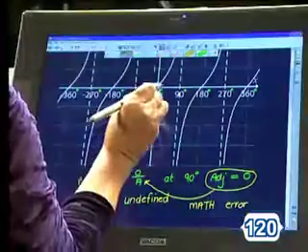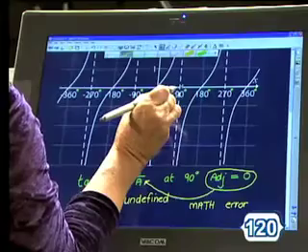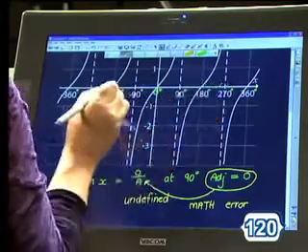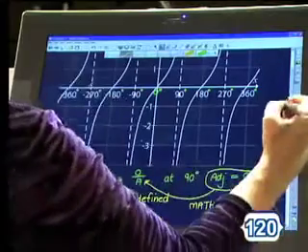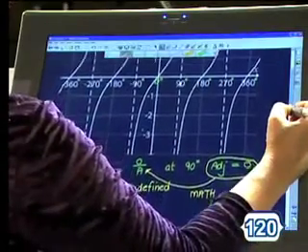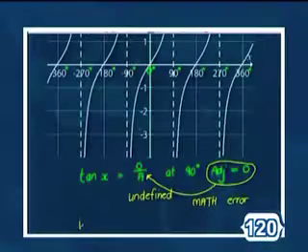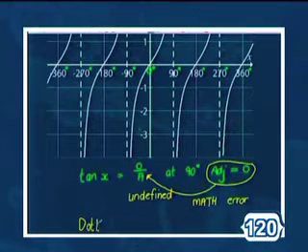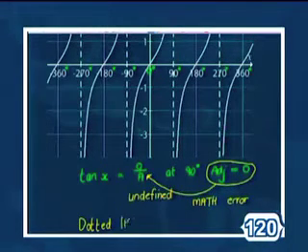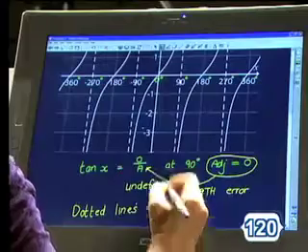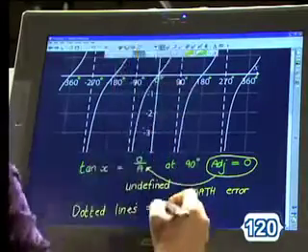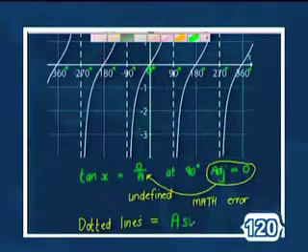Now, if we work out the tan of 90, we get a maths error, and 270, and minus 90, and minus 270. And those dotted lines that we have there in the graph, those have a special name, and we put them in vertically at 90, 270, minus 90, and minus 270, and those lines are called asymptotes.